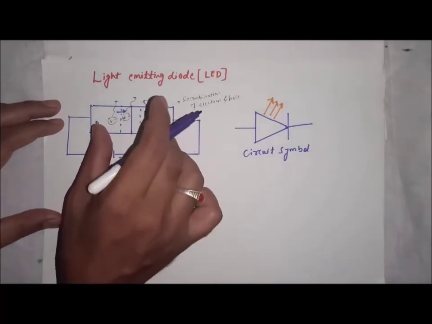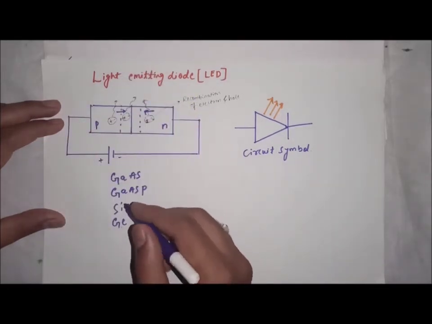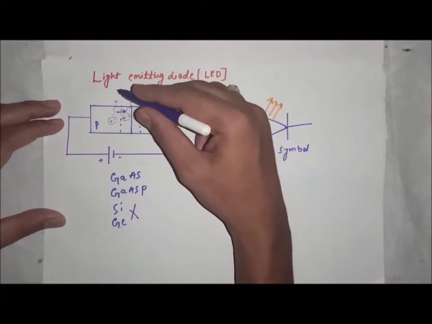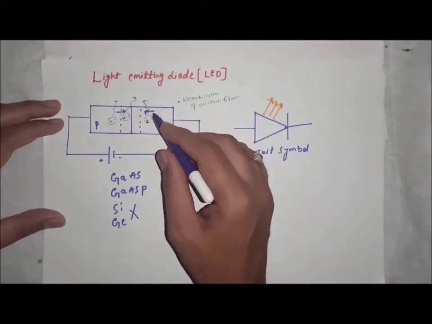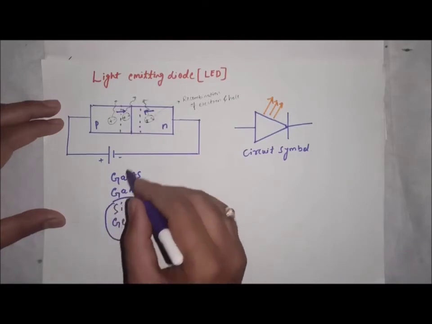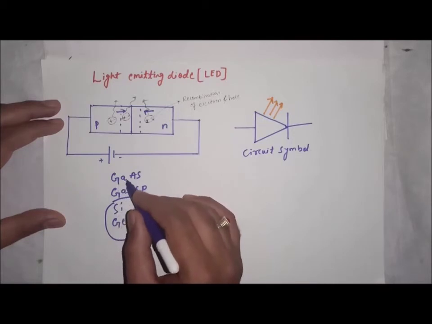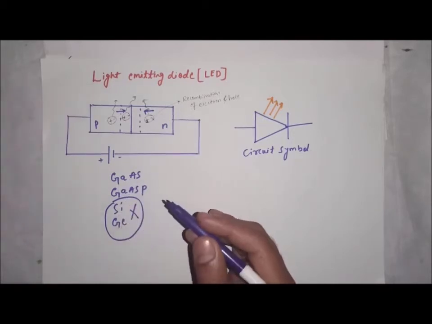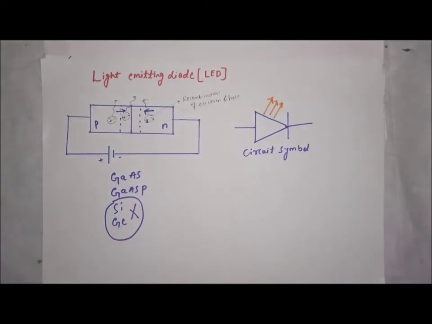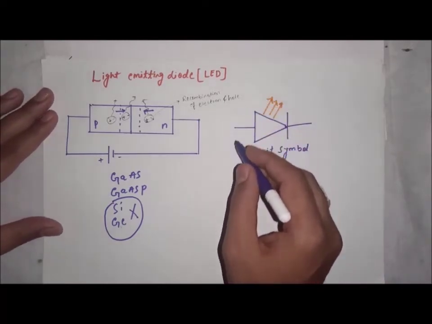Because if you make the diode with silicon or germanium, instead of producing light, it produces heat. So we are not using silicon and germanium to make this diode. We are using gallium arsenide, gallium arsenide phosphide, and the symbol for the light emitting diode is here.